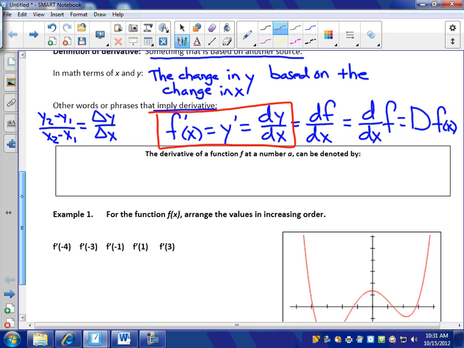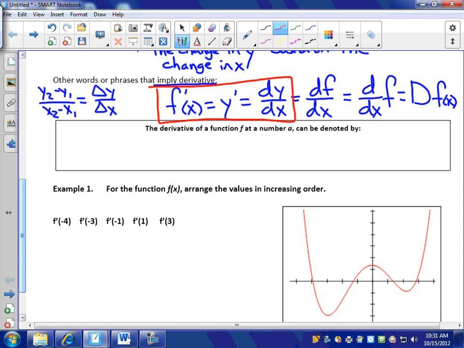Namely, the derivative of a function f at a number a can be denoted by simply this formula, which we are all very used to seeing. Let me make sure that the book gives you the exact same notation that I do. And yes, they do. The limit as h approaches 0 of f of a plus h minus f of a all over h.